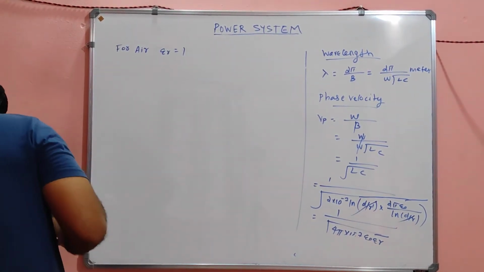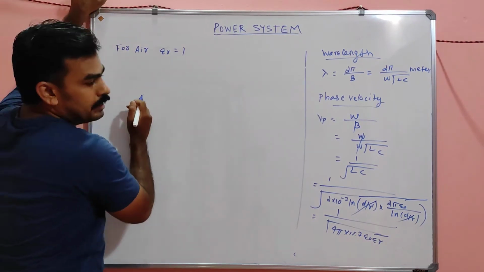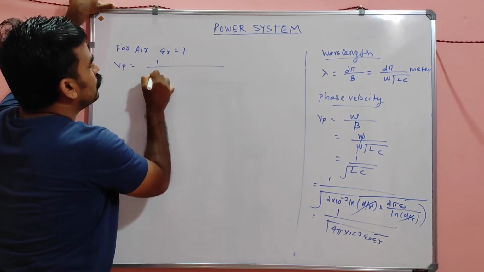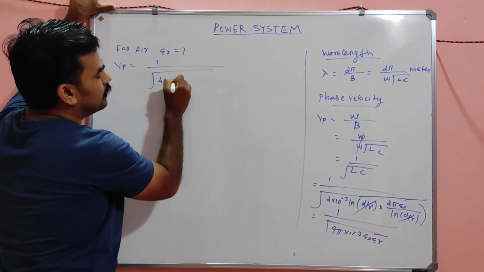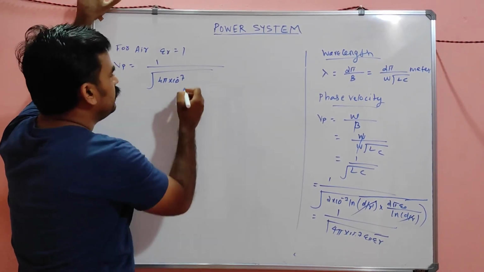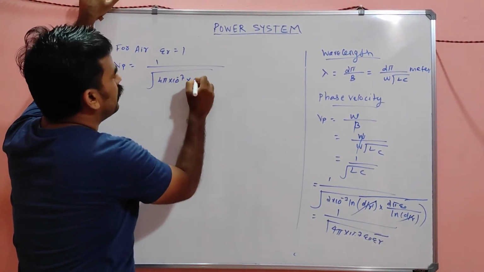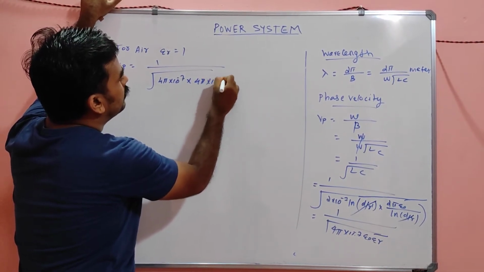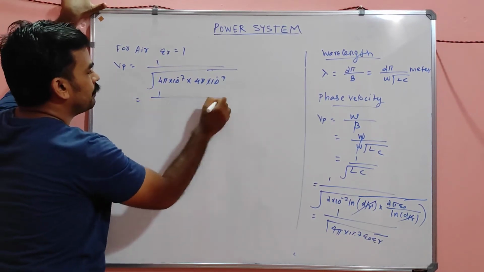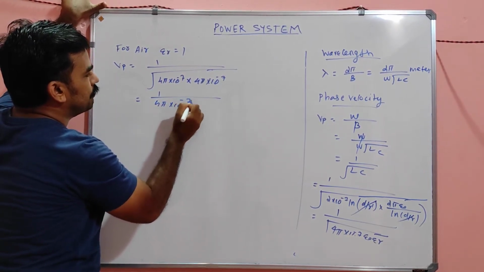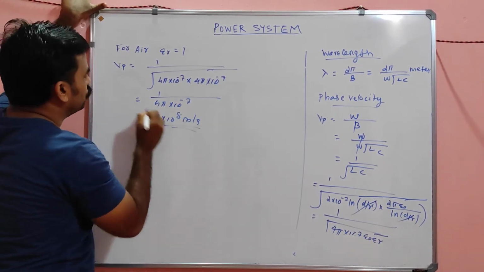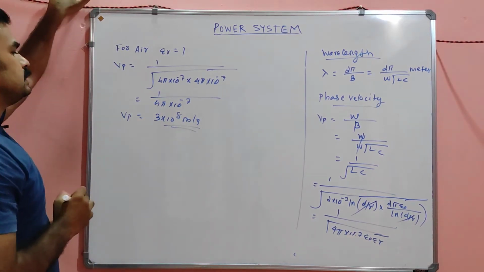Epsilon naught epsilon r, for air epsilon r equal to 1, so Vp will become 1 divided by root of 4 pi into 10 raised to minus 7 into epsilon, which is again 4 pi into 10 raised to minus 7, correct? If we solve this, it will nearly be equal to 3 into 10 raised to 8 meter per second. Directly you will obtain this. So this is the phase velocity.